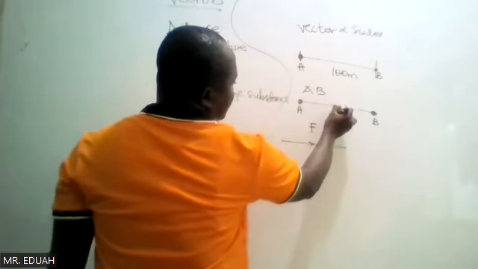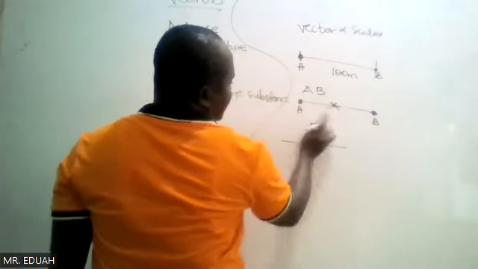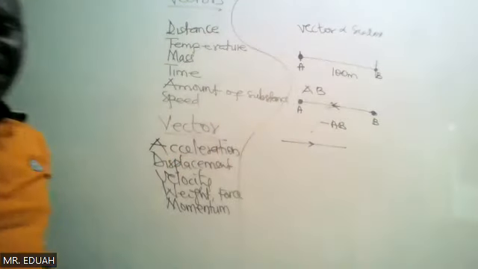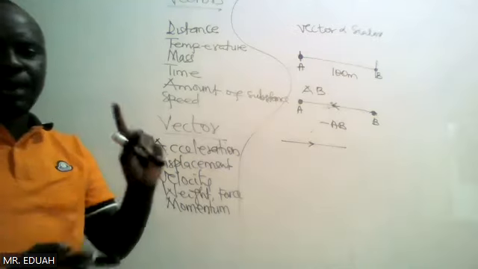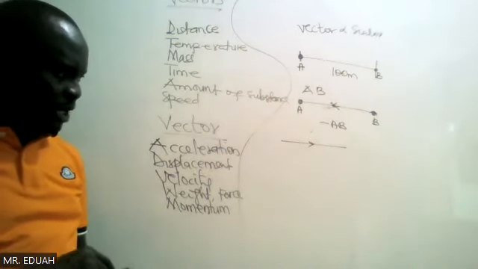When I change the direction from this side to this direction, I have minus AB. So for a negative vector, same magnitude, but you reverse the direction.